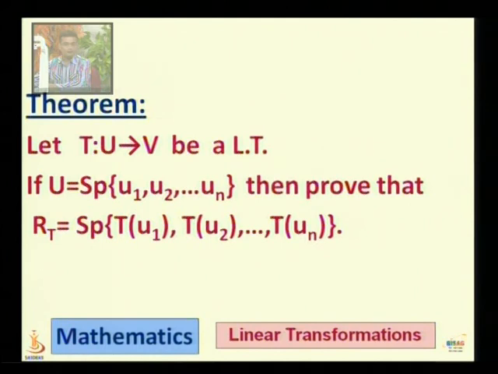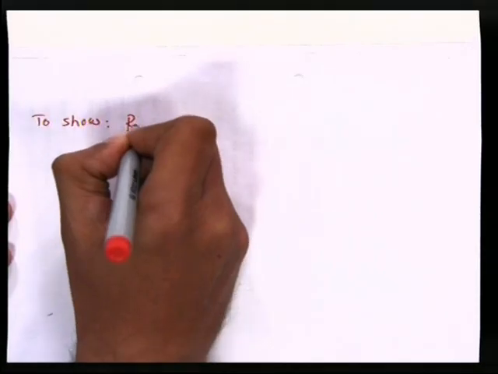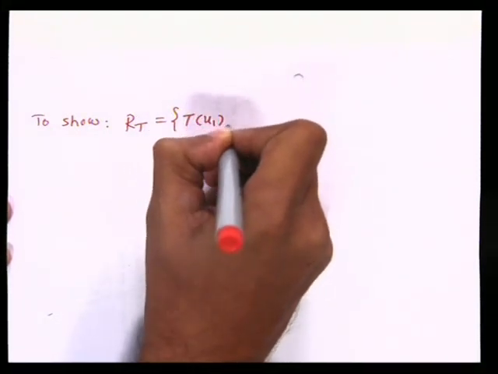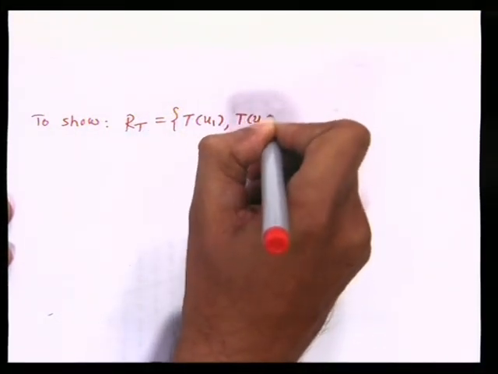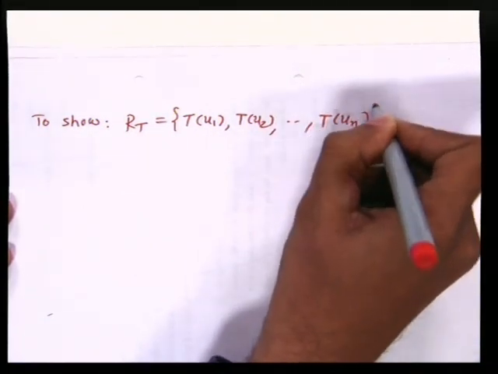Here we have to show that R(T) is spanned by the vectors T(u1), T(u2) up to T(un).